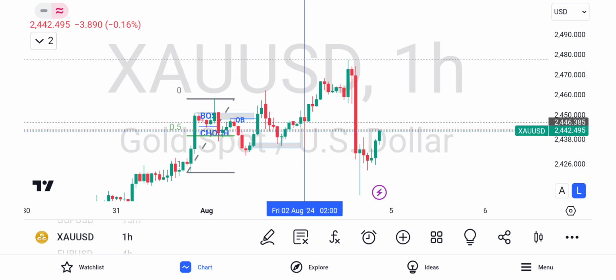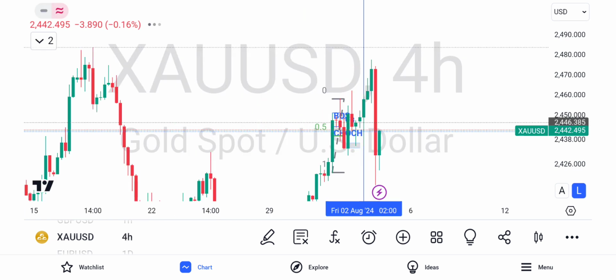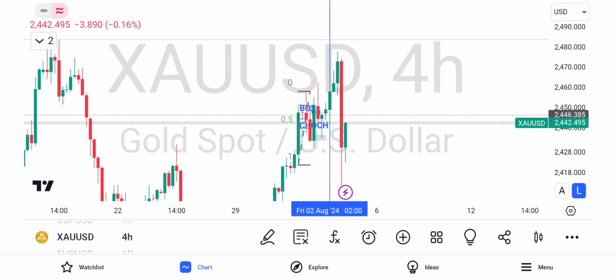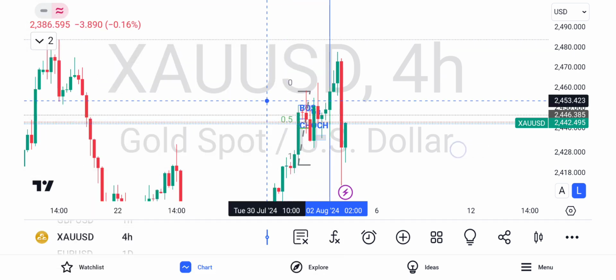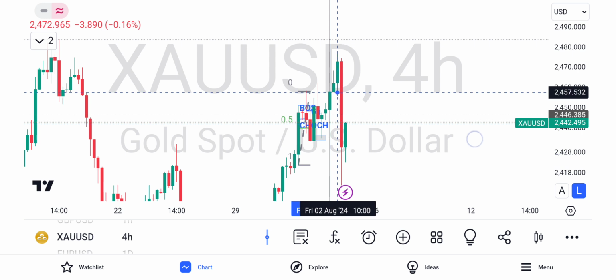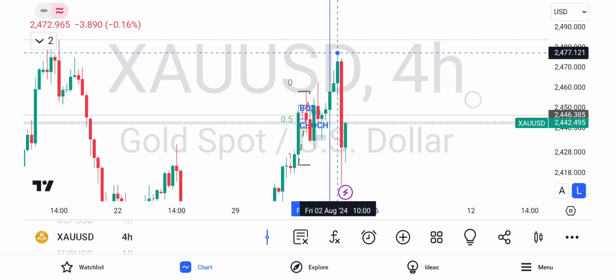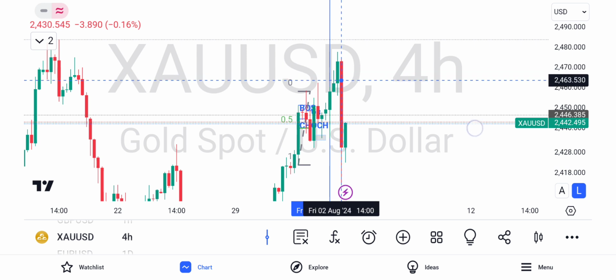This was what we observed at the 4-hour time frame. Look at how the market looked: an impulsive move upward to the upside, an impulsive move upward prior to the news.